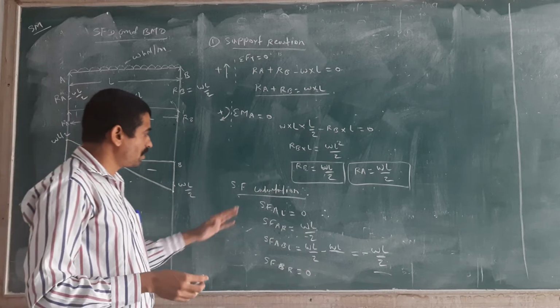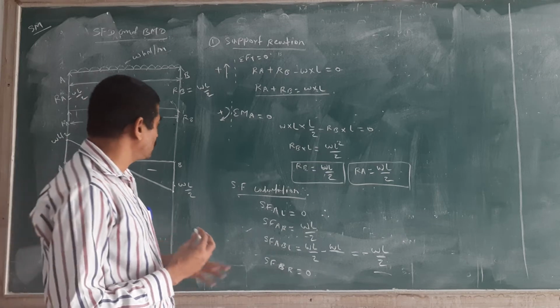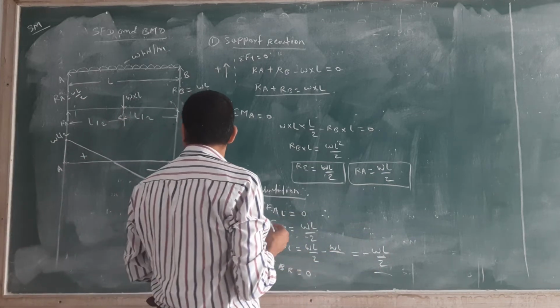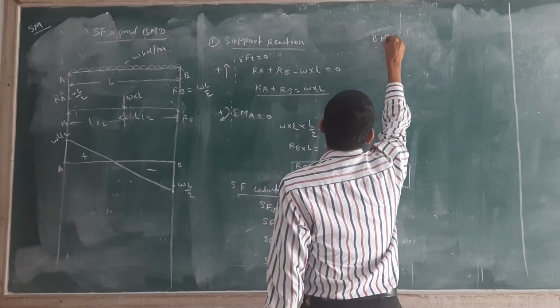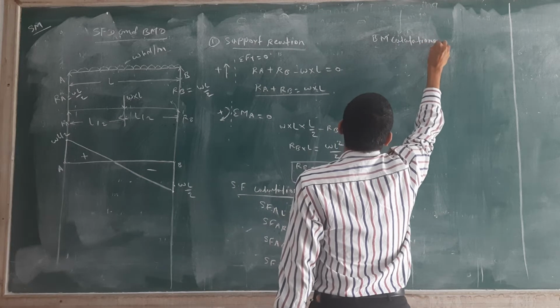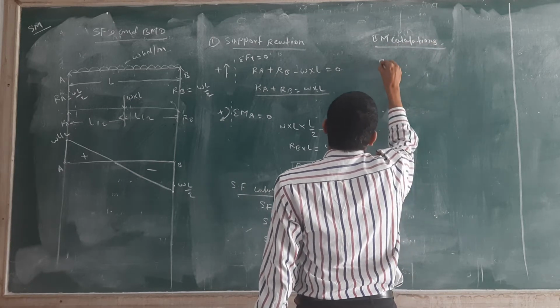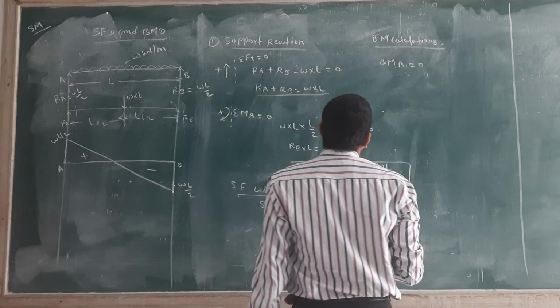Are all of you getting how to do the SF calculations? Once you have calculated SF and drawn the SFD diagram, then after that comes the BM calculations. We will see the BM calculations. Check that bending moment at A point is equal to 0.